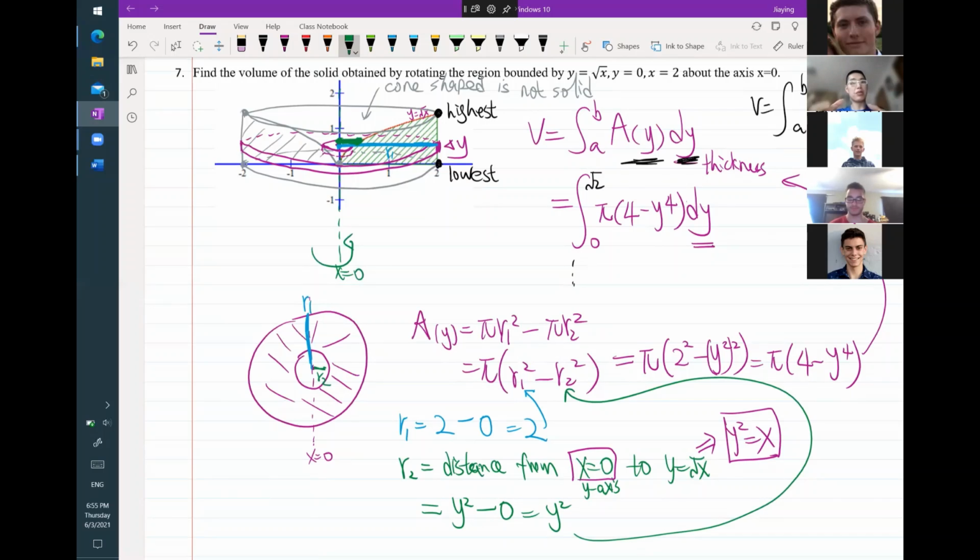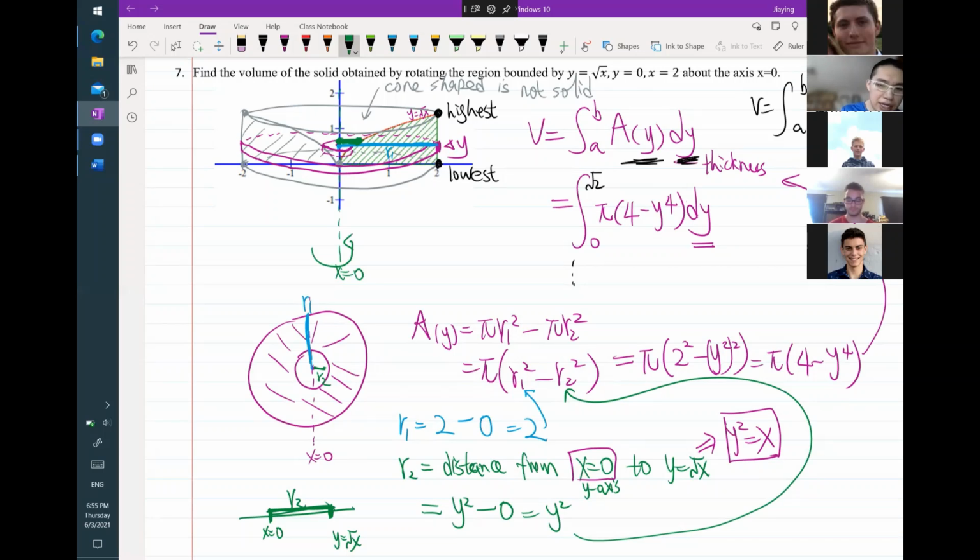So that will give me the radius. The distance will be from x equals 0 to y equals square root of x. So you imagine this: here I have an x-axis, I have x equals 0 here, and I'm looking at this part, which is given by y equals square root of x. So I'm looking for this distance. That will give me the R2.